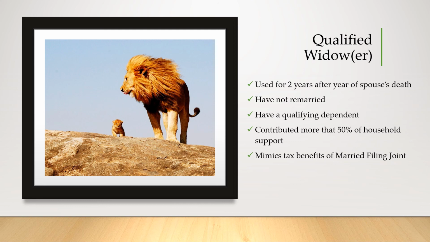And it just mimics the tax benefits of married filing joint status. If you think about it, it would give somebody with a person they're supporting, like a child, a couple of years to catch their breath after their spouse died, before they would have to begin filing single and have a very different tax situation.